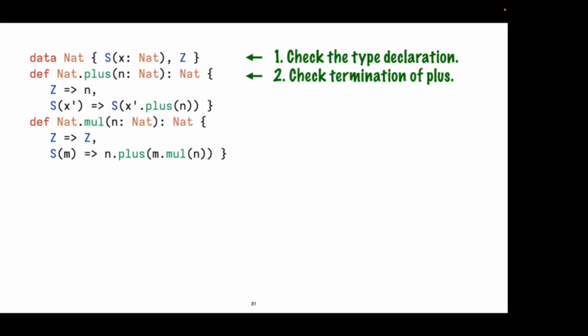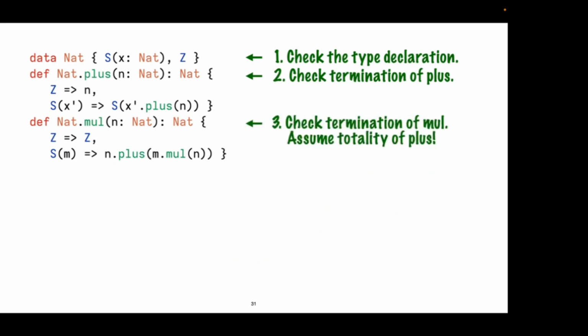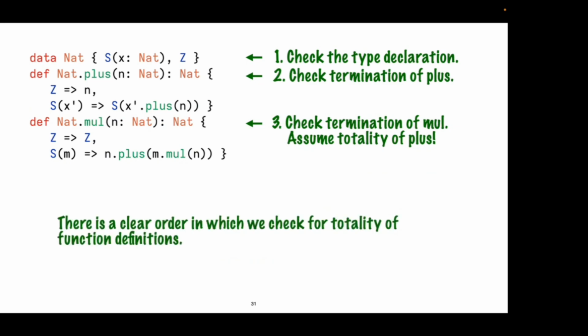We can do this because the recursive call of plus is applied to a structurally smaller argument. And thirdly, we have to check the termination of the multiplication function, where we can assume that plus has already been proved total. So we have a natural order of declarations. We first check the totality of plus, and then we check the totality of multiplication.